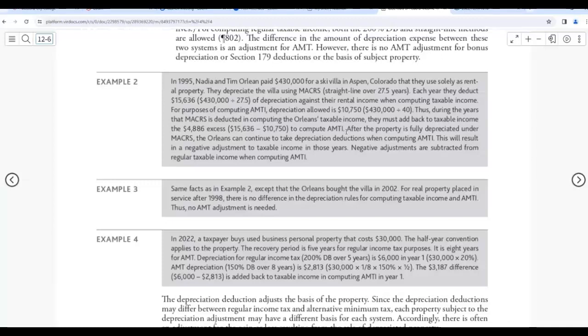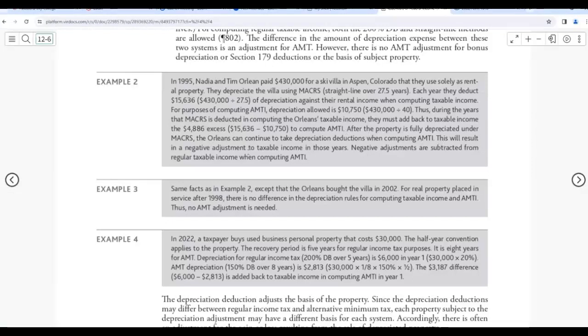So up to 27.5 years, this family gets penalized. But after 27.5 years, they get happy again because they still have some form of depreciation based on 40 years when calculating AMTI.